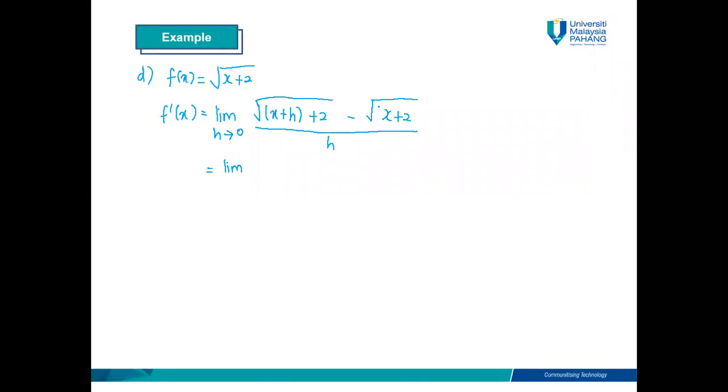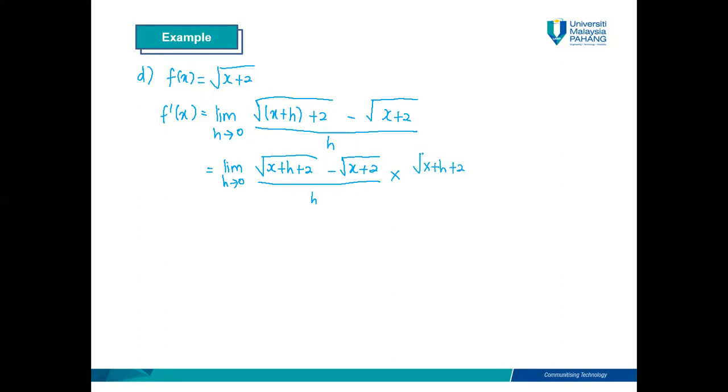So sekarang you ada square root kan, so kita pakai multiplications of conjugate lah. So dia akan jadi square root of x plus h plus 2 minus square root of x plus 2 over h when h approaches to 0. So darab dengan conjugate nak ambil yang mana yang ada square root lah. So conjugate senang je, awak hanya ubah operation di tengah-tengah function sahaja. Kalau sini minus, so dia akan di plus lah. Okay.